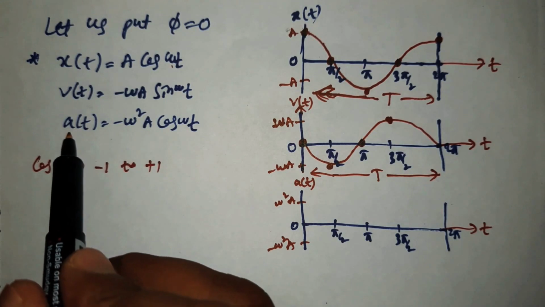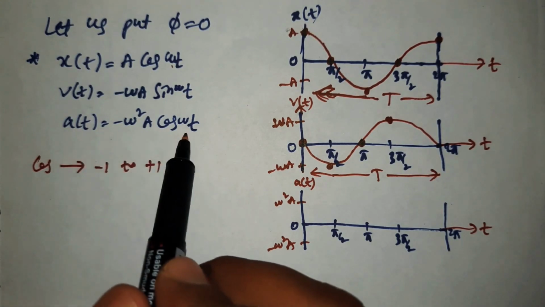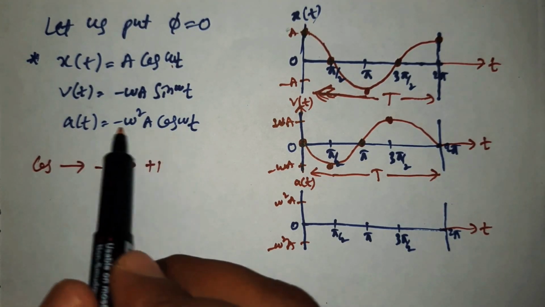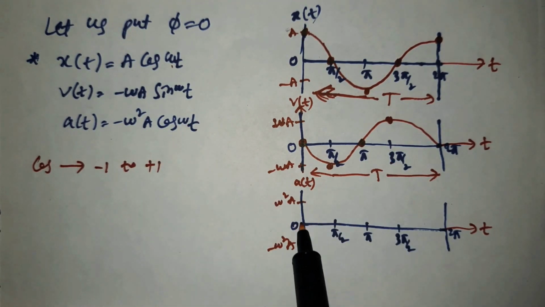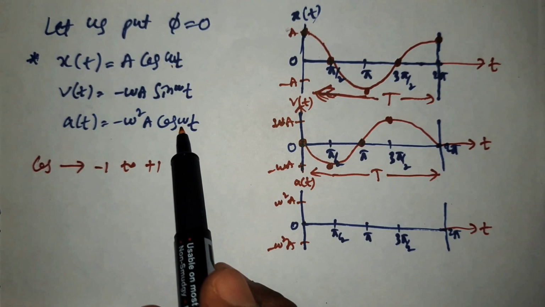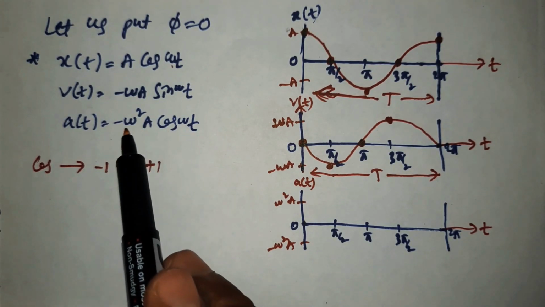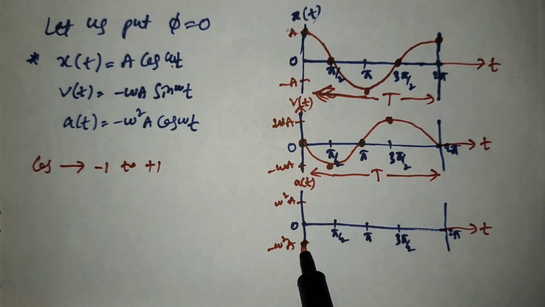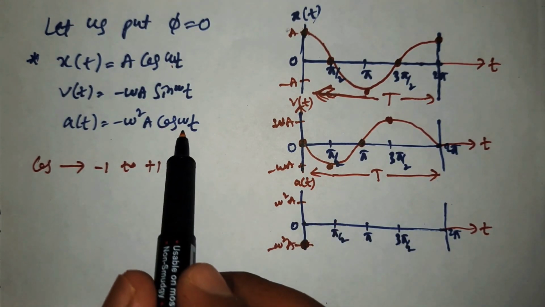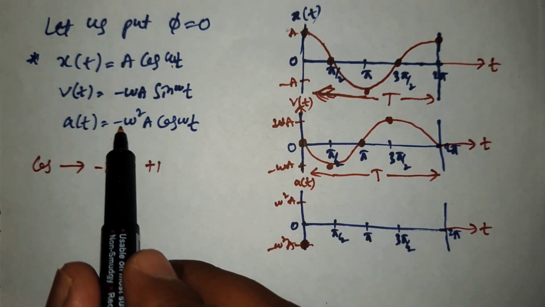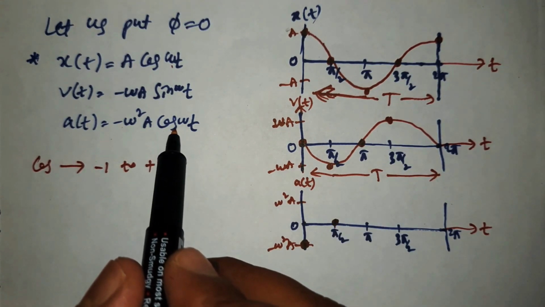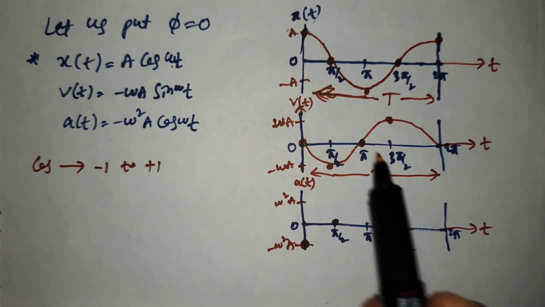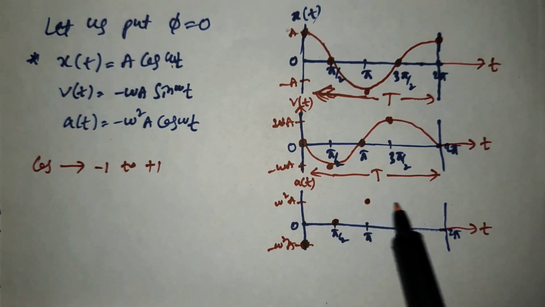So see the a of t versus t curve. So here omega t is 0, cos 0 is 1. 1 into minus omega square a is minus omega square a. Cos pi by 2 is 0. 0 into something, here it is 0. Cos pi is equal to minus 1. Minus 1 into minus omega square a, it is plus omega square a.